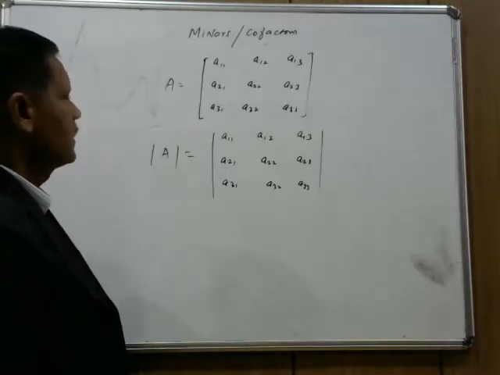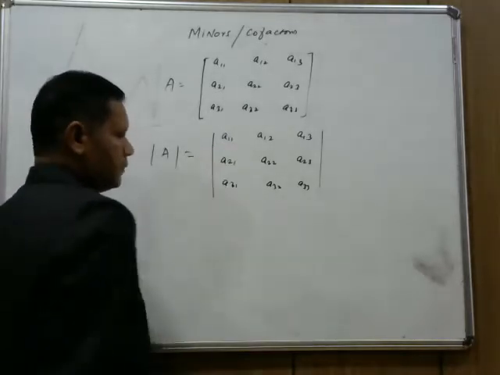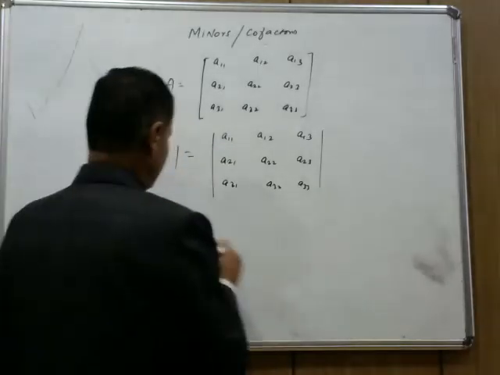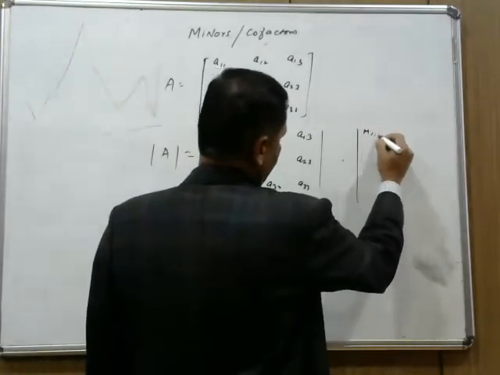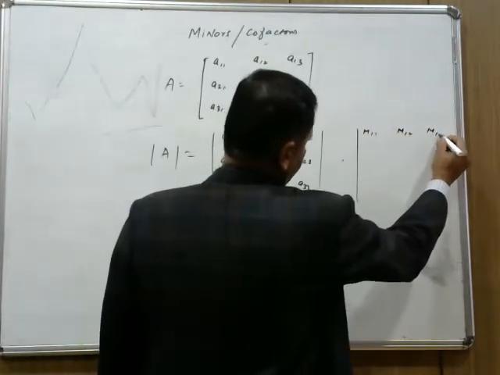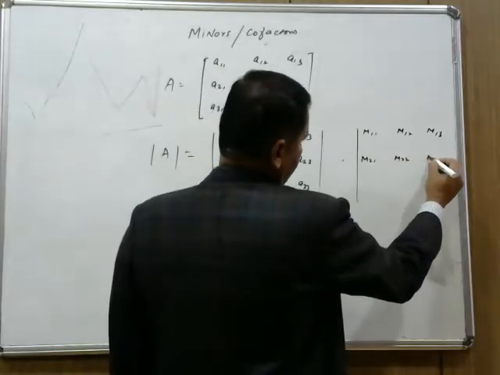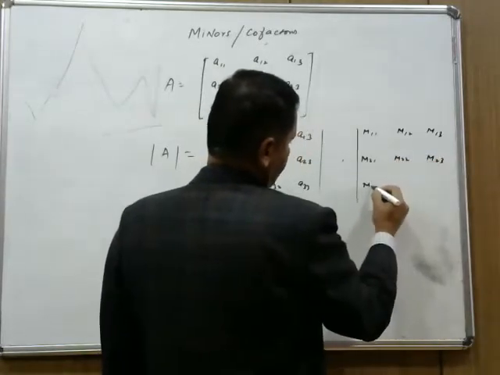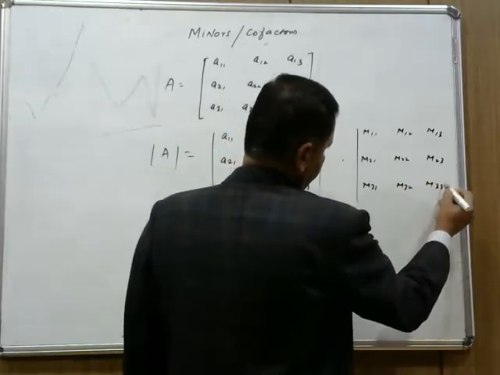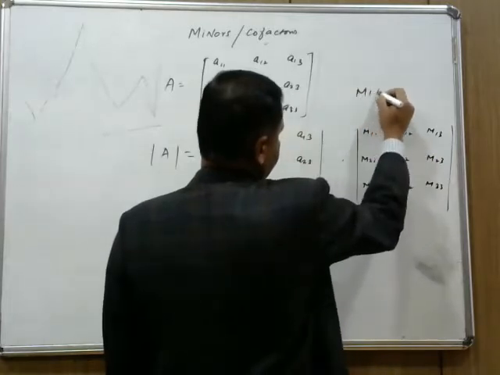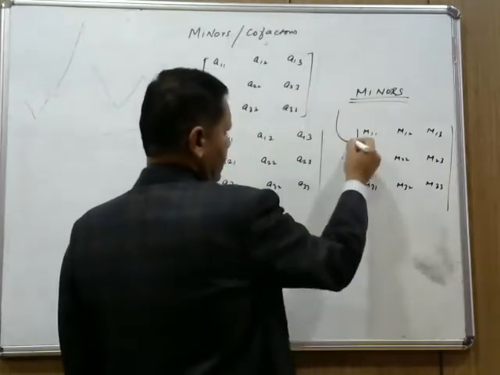As the minor suggests, I write M. Minors we denote by M11, M12, M13, M21, M22, M23, M31, M32 and M33. This is for the minors. How to get them, that I will discuss. Minors we write like this.